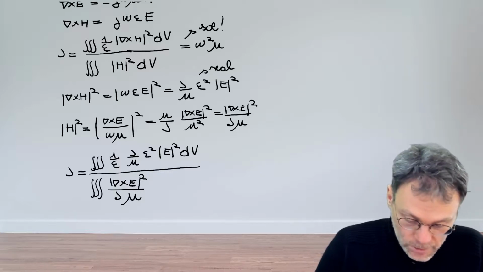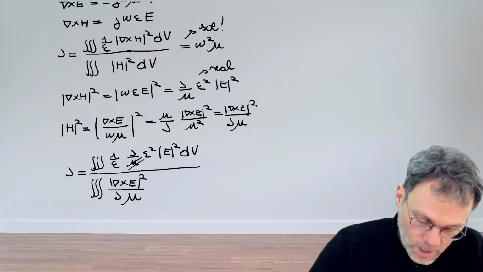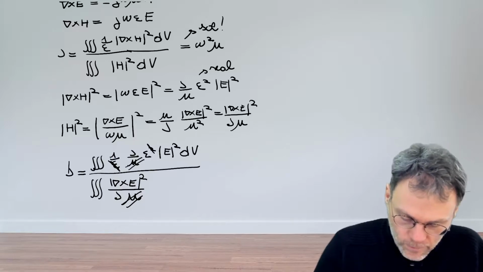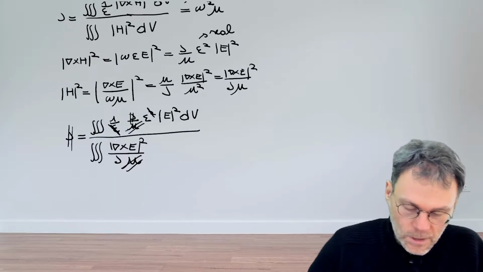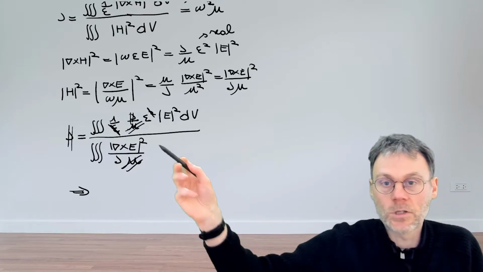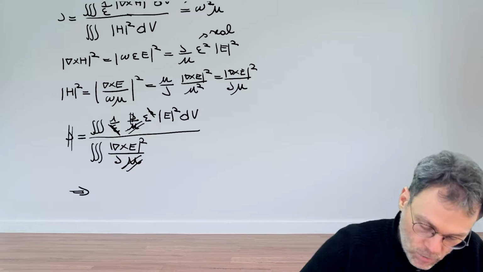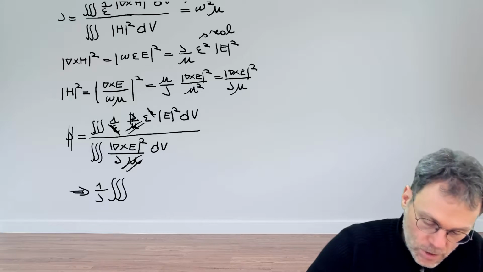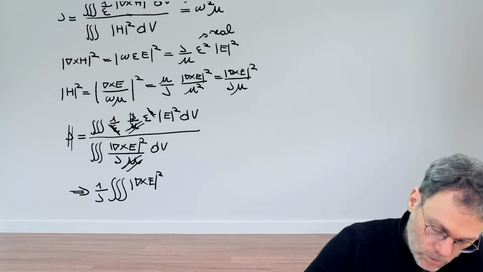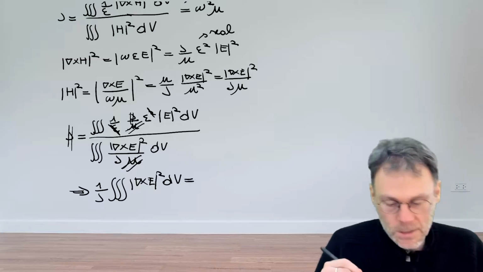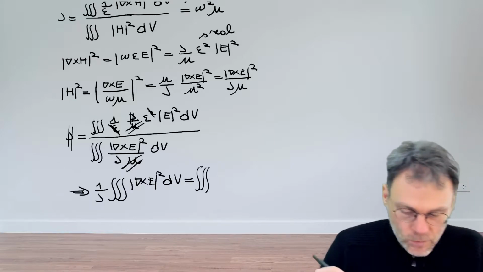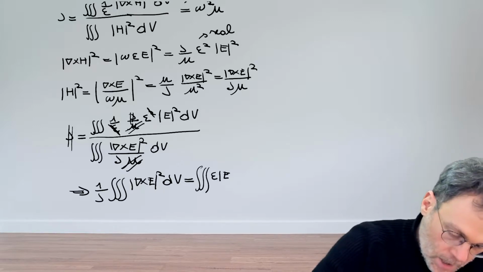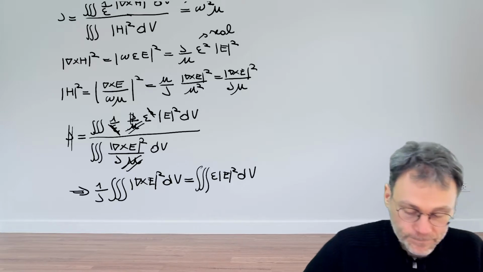Now comes the fun part. Let's get rid of this mu. Let's also get rid of an epsilon over here. What else? We can get rid of a J over there. So finally, we can rewrite that expression. If we bring the denominator to the left-hand side, we have 1 over J, and then the volume integral of the curl of E squared dV is equal to, for the right-hand side, the volume integral where we have one epsilon left, so that's epsilon magnitude E squared dV.